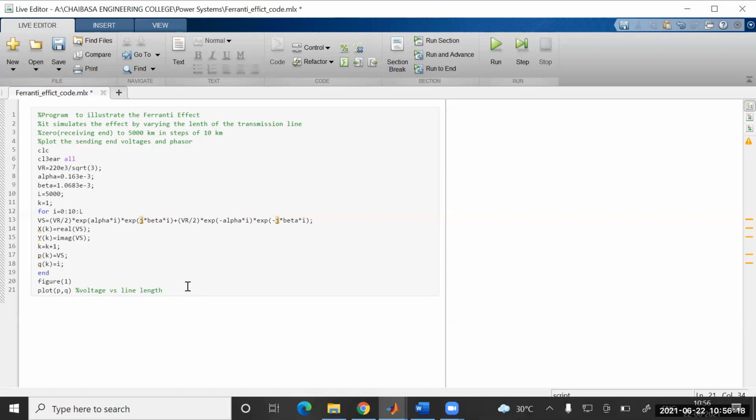This will be down over here. Figure 2 will be plot x, y, meaning you have to plot your phase.